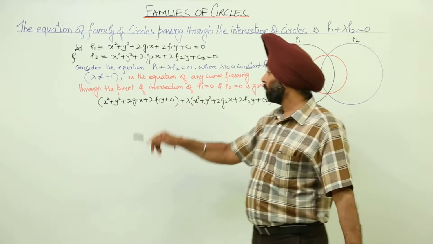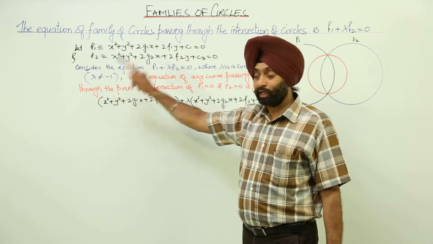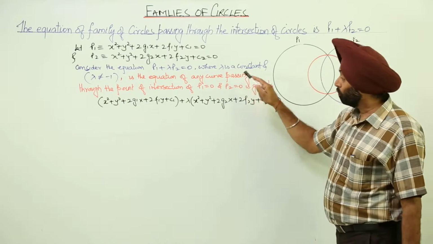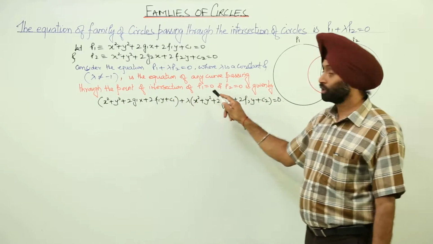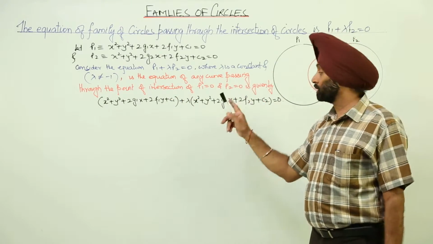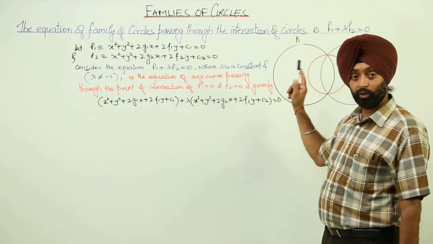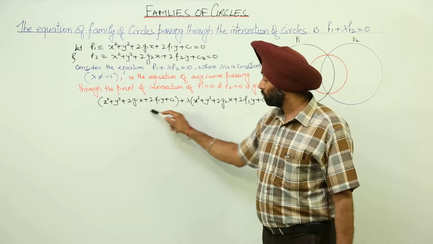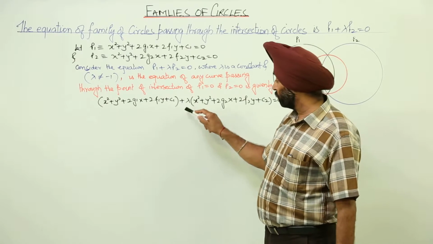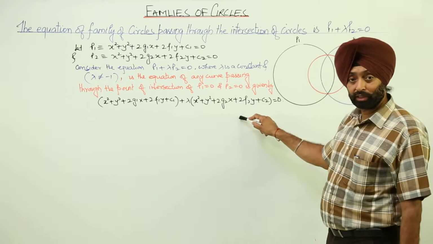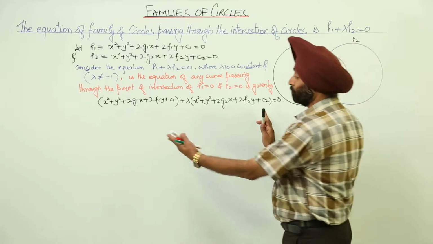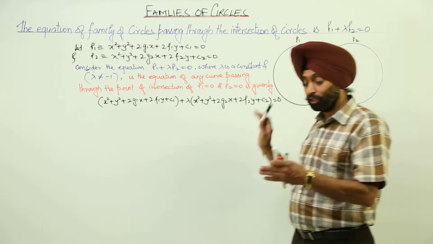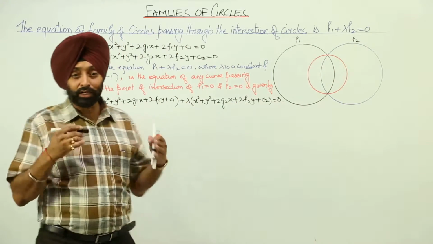I am going to tell you. It is the equation of any curve passing through the point of intersection of the first circle and second circle, that is P1 is equal to 0 and P2 is equal to 0, given by the equation of one circle which is equal to 0 plus lambda times the equation of the second circle, which is also equal to 0. Is it clear? So now let us try to prove it.